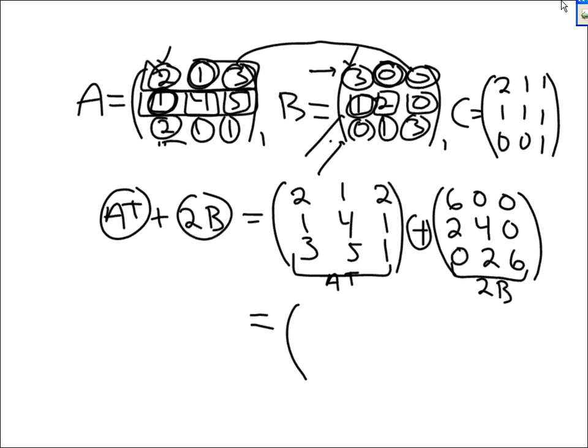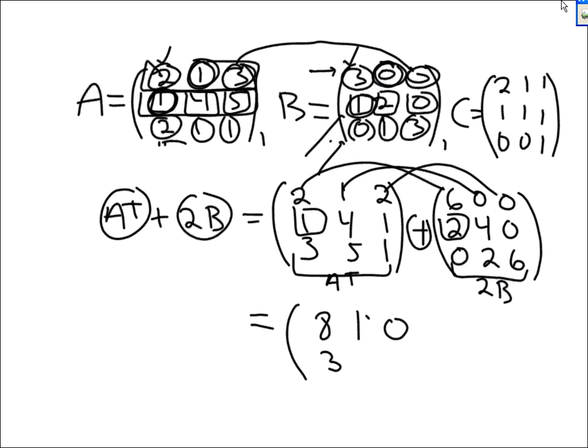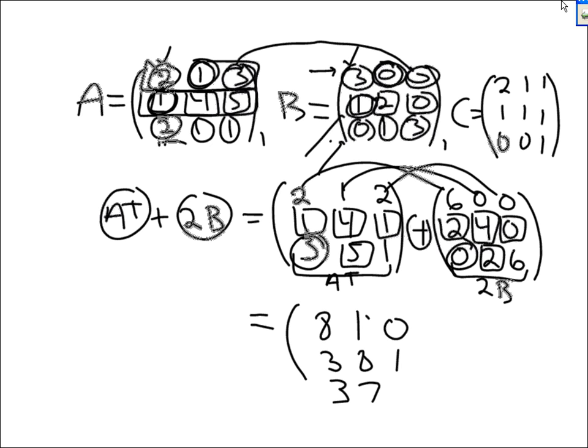So we add them. 2 plus 6, 1 plus 0 is 1. 2 plus 0 is 0. 1 plus 2 is 3. 4 plus 4 is 8, etc. If I make a silly arithmetic mistake, it doesn't matter. It's the concepts that are important. 3 plus 0 is 3. 5 plus 2 is 7. 1 plus 6 is 7.